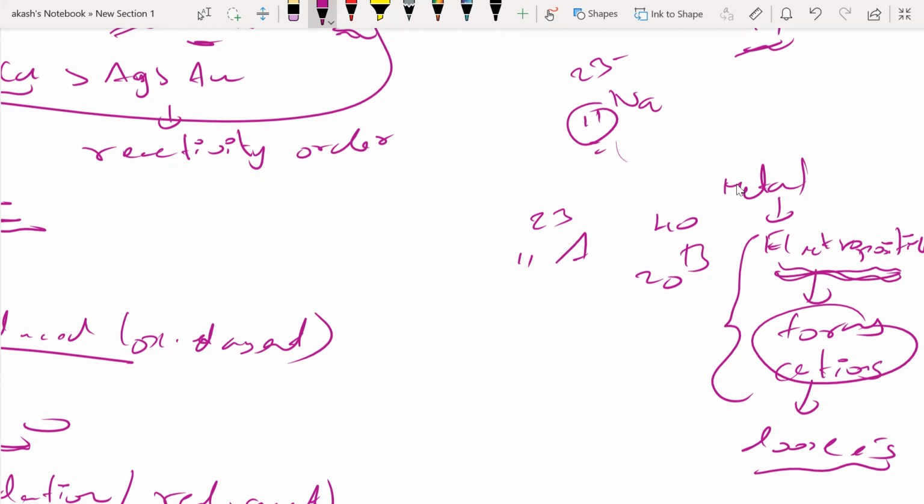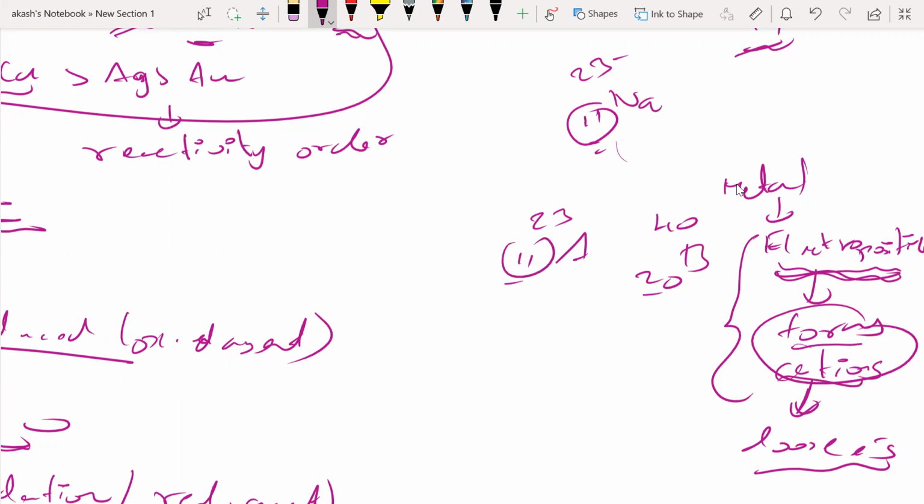They convert themselves into positive charges. That means they form cations. How do they form cations? Obviously by losing electrons. So by looking at the electronic configuration, if you can decide that they can lose electrons, then definitely we can be sure that they can be a metal.